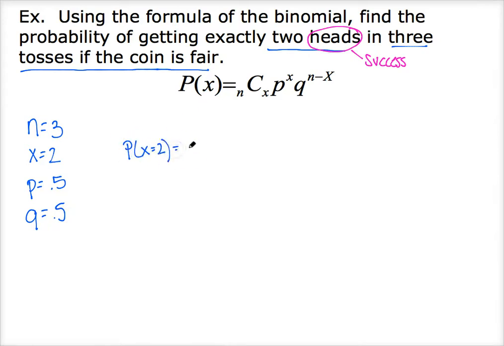So the probability that x equals 2 is equal to 3c2 times 0.5 squared times 0.5 raised to the 3 minus 2 power. 3c2 is equal to 3.